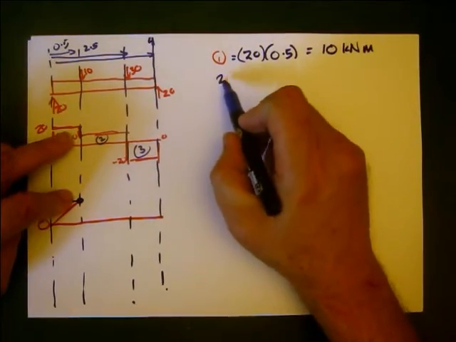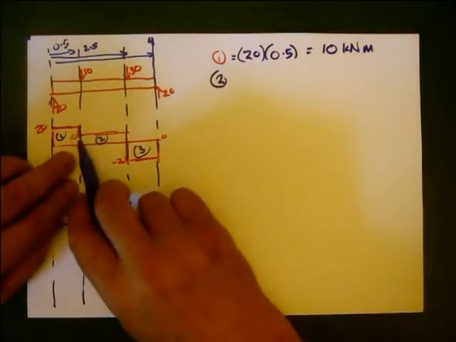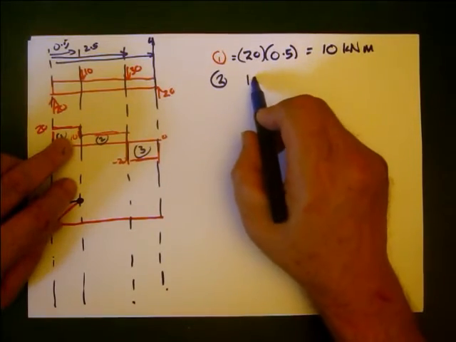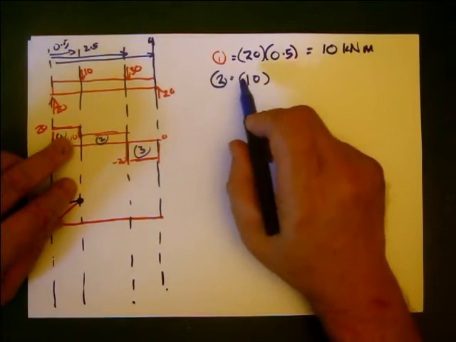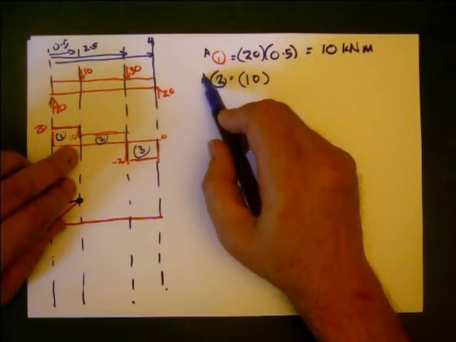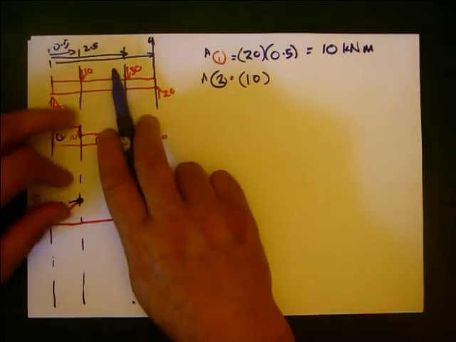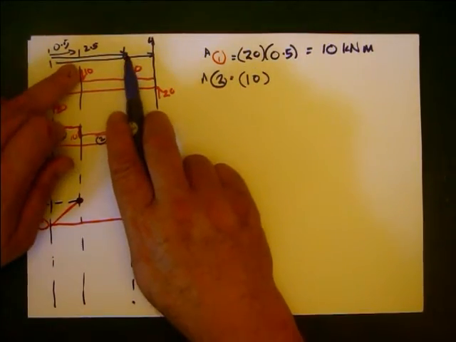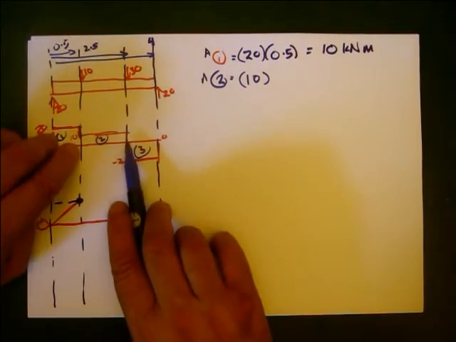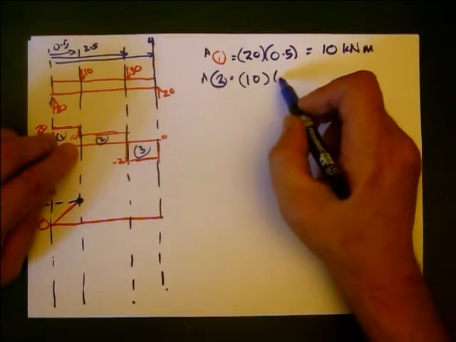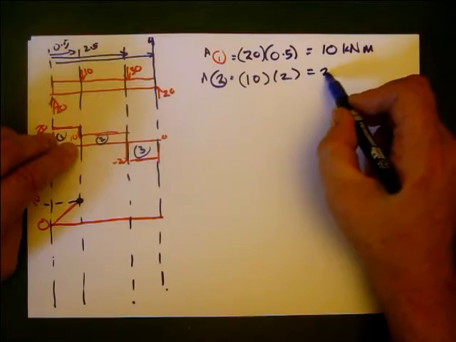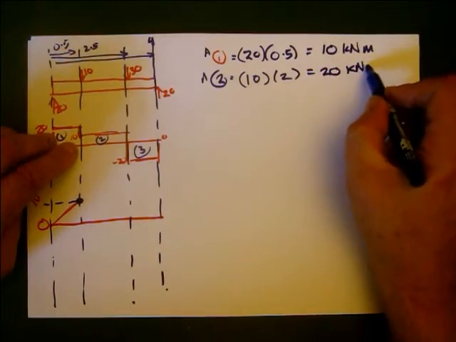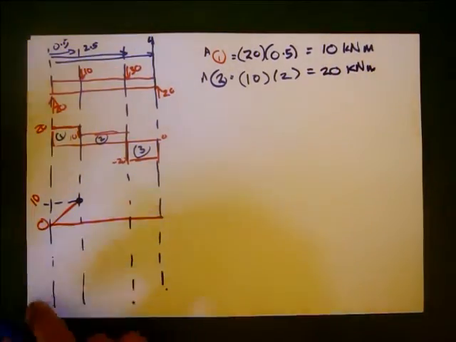I then work out area 2. Area 2 is going to be 10 kilonewtons, times the distance, which is going to be 2.5 overall minus that. The distance from there to there is 2 meters. 2 meters equals 20 kilonewton meters. So I've already got 10 here.